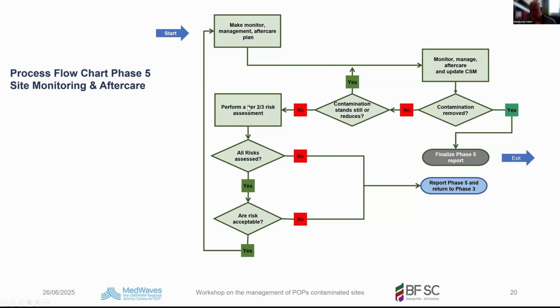If it's not standstill, if the situation changed for the worse, you perform again a risk assessment. All risks are assessed? No, return to phase 5 and return to phase 3. Here, risk assessment, are they acceptable? Yes, you come here, and no, you return to phase 5 and return to phase number 3. This is the process of the flow diagram of phase 5.